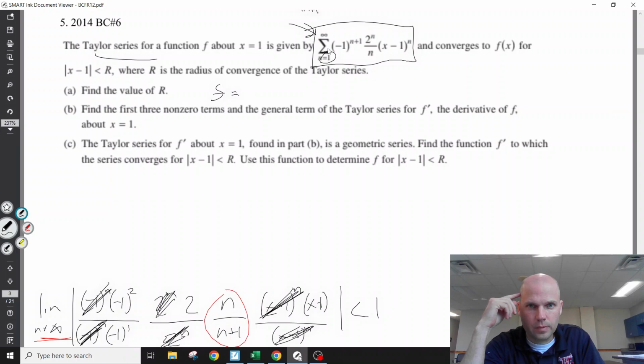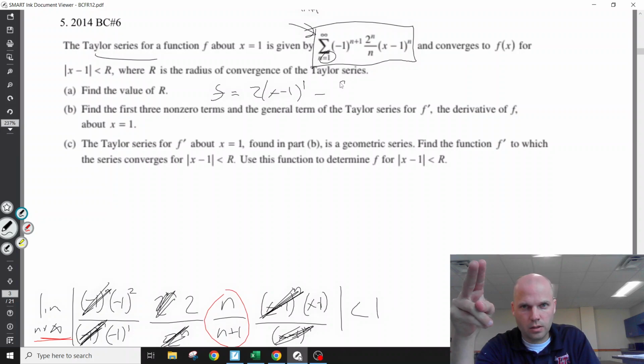Here we go. Positive 2 over 1, x minus 1 to the first. Alternate signs, 2 squared over 2, x minus 1 squared.